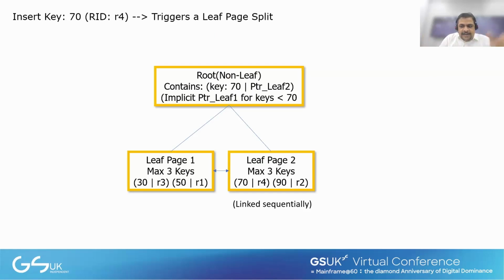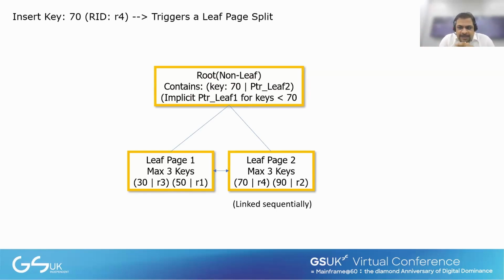A new leaf page is created, and you move the entries 70 and 90 to the new leaf page, while 30 and 50 stay in the original one. Another thing happens: you promote a key to a new root page. You take the first key from the new page, which is 70, and promote it upwards to the parent level.